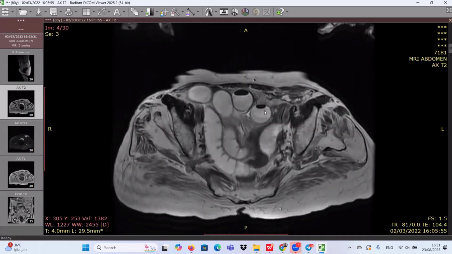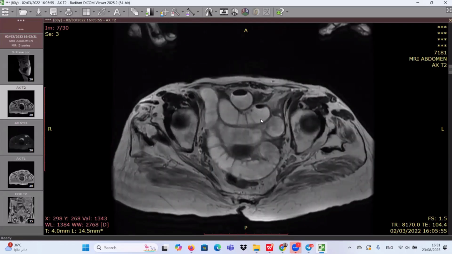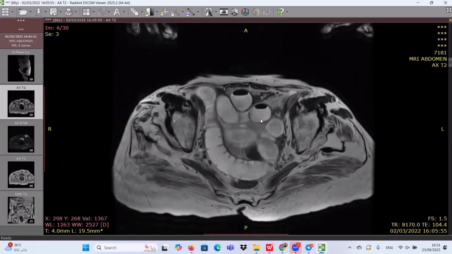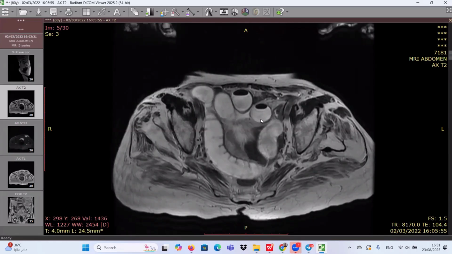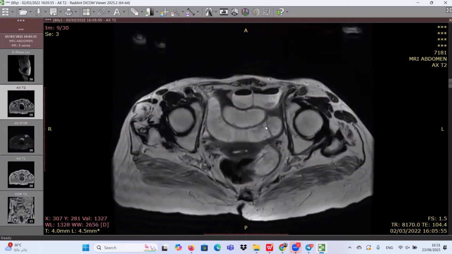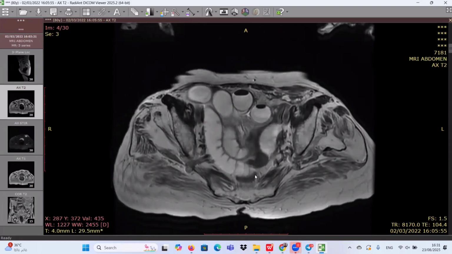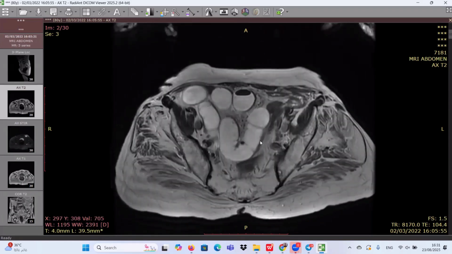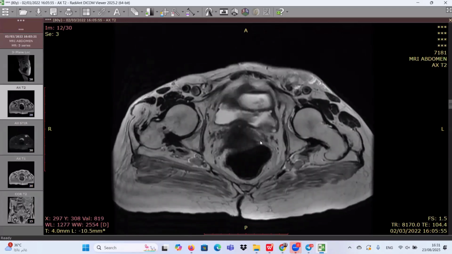We have also air fluid levels. So I'll try to look for a transition point. So you are suspecting internal obstruction? Yes, small bowel obstruction, because the rectum and the large bowel were not dilated.